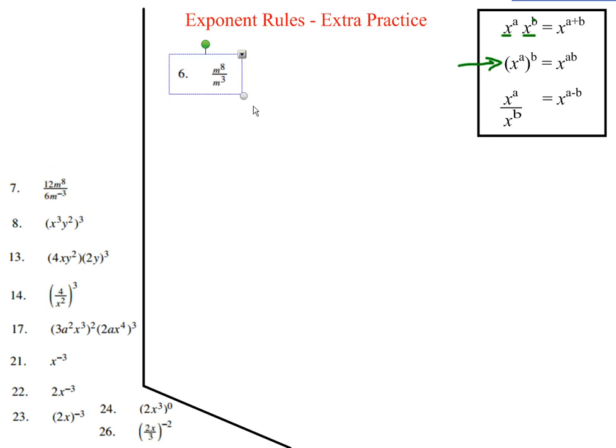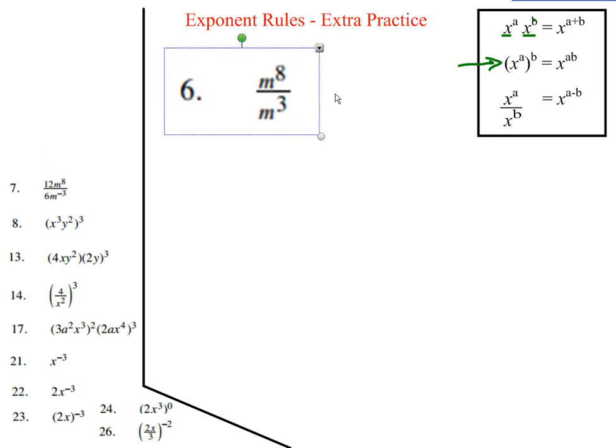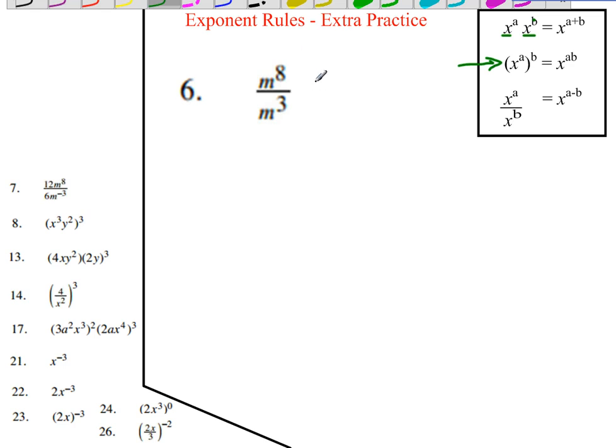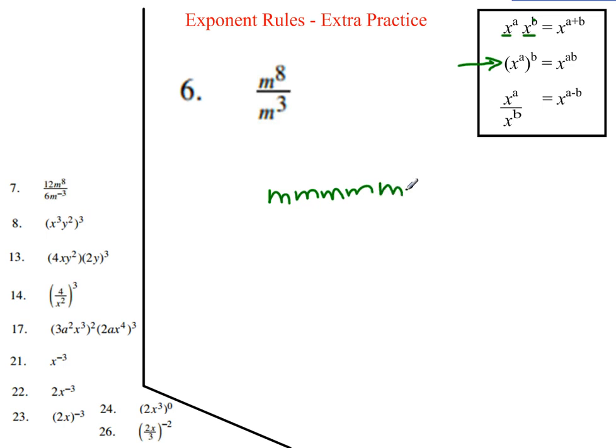Number 6. Now, you can use this rule over here where it has x to the power of a over x to the power of b, and that reads x to the power of a minus b. But you can also visualize 8 m's on top. I'll show this at least once. 8 m's on top and 3 m's on the bottom. It's all multiplication everywhere.